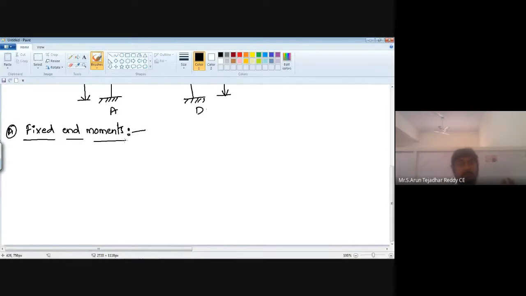Fixed end moments. This is the first step. Already you know the various formulas we have for fixed end moments. See, first span is AB, first AB, next reverse BA, next BC, reverse CB, next CD, reverse DC.